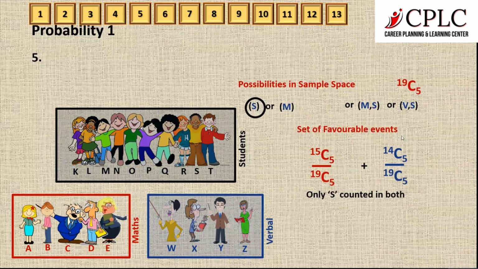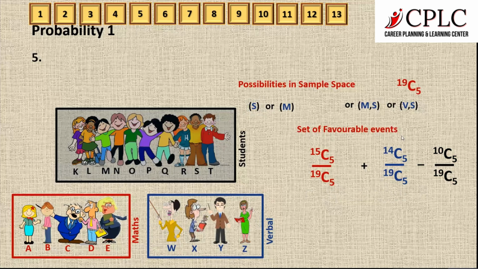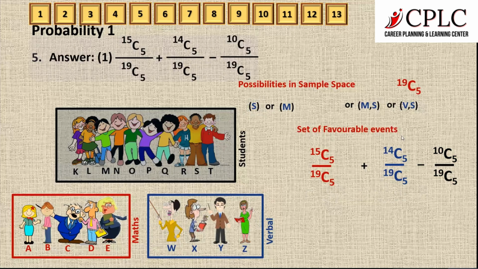So as S is counted in both, we will remove one S part. Let's remove one possibility, that is 10C5 upon 19C5, and that will give us the answer as the first option. So as the student possibility was counted twice, we removed it once.